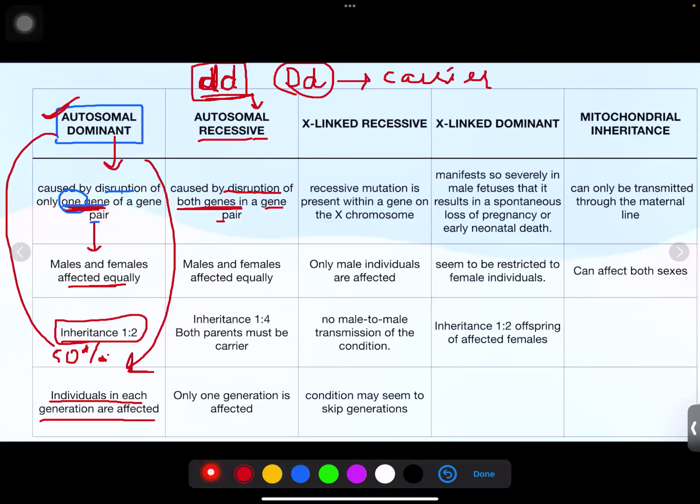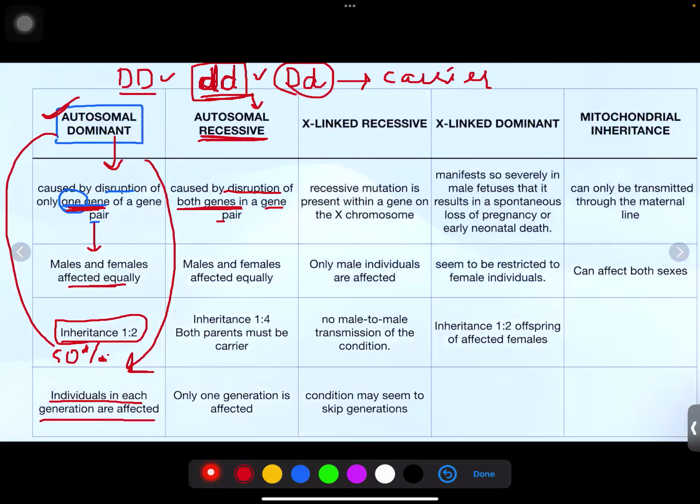A carrier status is only present in this autosomal recessive pattern. So what's normal here? You can write, say this is normal here. This is the normal gene, then this is the diseased one because this is a recessive pattern.